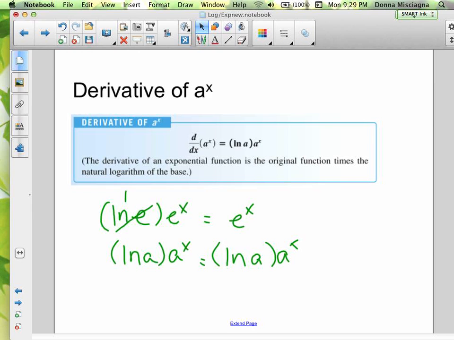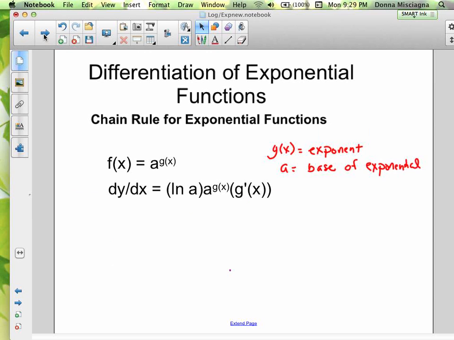But natural log of a times a to the x is still going to be natural log of a times a to the x. So that's why we don't have natural log of e, because that wouldn't make any sense. That's just 1. These are going to be a lot like the exponentials, although the natural log of a throws some unique things in there as we're trying to simplify.